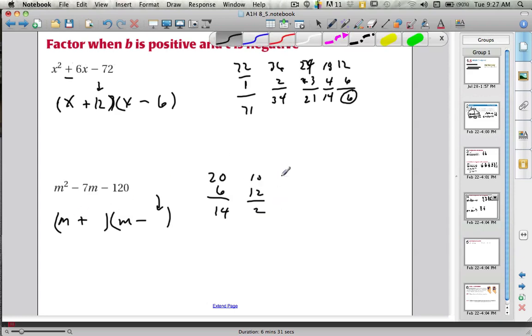I could have 15 and 8. Those have a difference of 7. And if you're concerned about how to do the factoring of the constant, you could always do a prime factorization and then you can use those in a lot of different ways to find these different factors. Remember, the bigger of these two, 15 and 8, has to go here. So the 15's there and the 8 goes there.